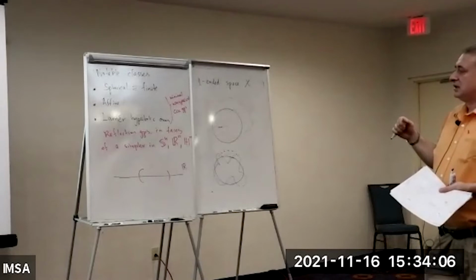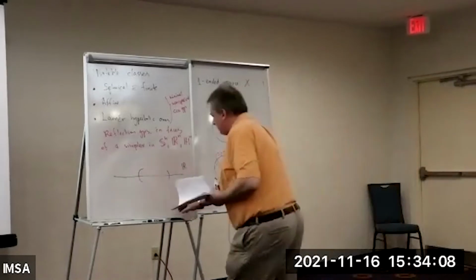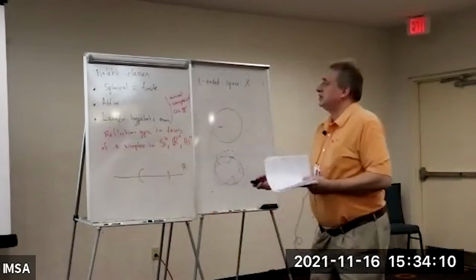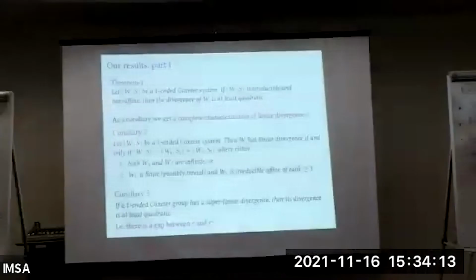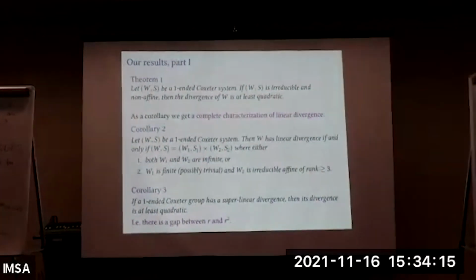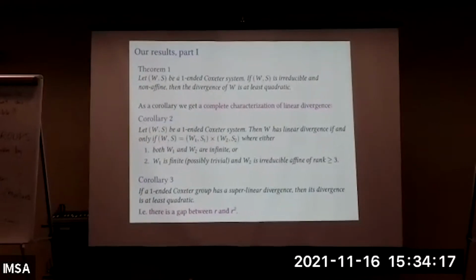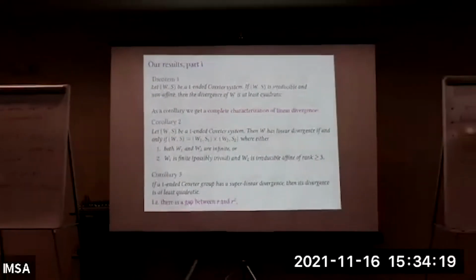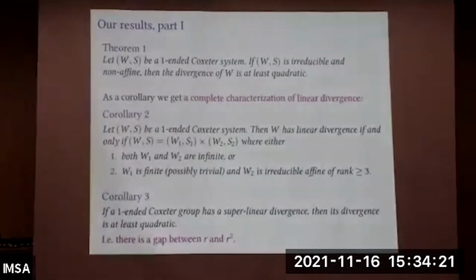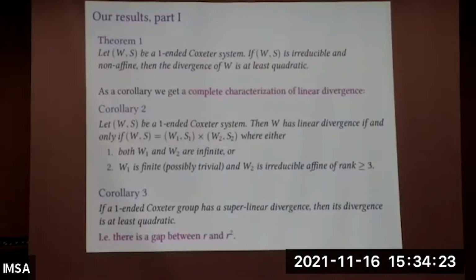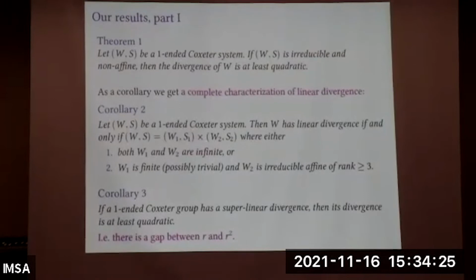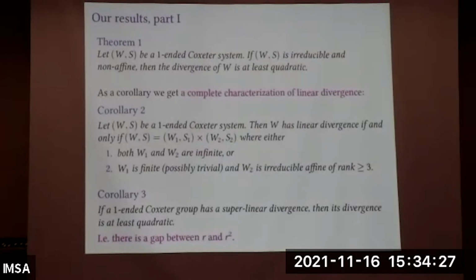So these are the cases when we have linear divergence, if and only if: a direct product of infinite spaces, as in the picture I described before, has linear divergence, or one factor can be finite and the other an irreducible affine of rank bigger than 3.